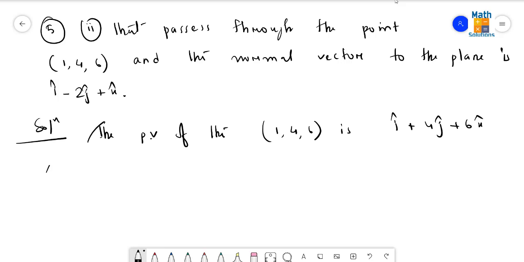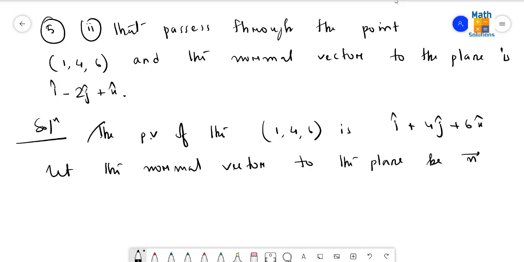Let the normal vector to the plane be vector n such that vector n is equal to i cap, it is already mentioned in the question, minus 2j cap plus k cap.